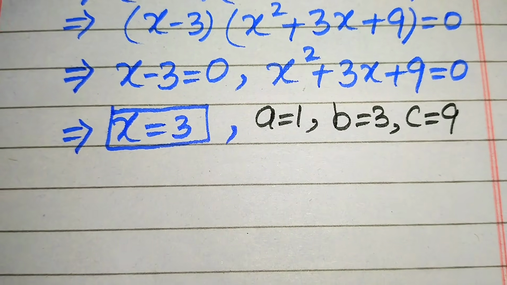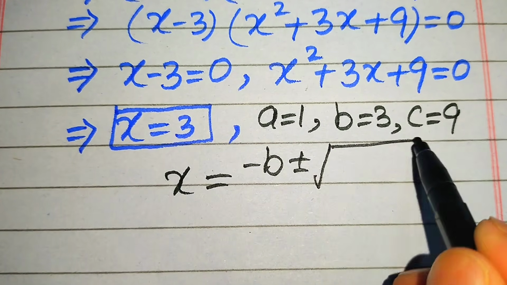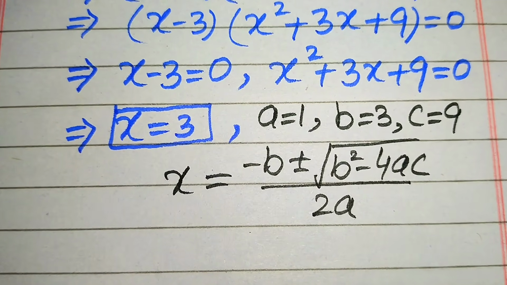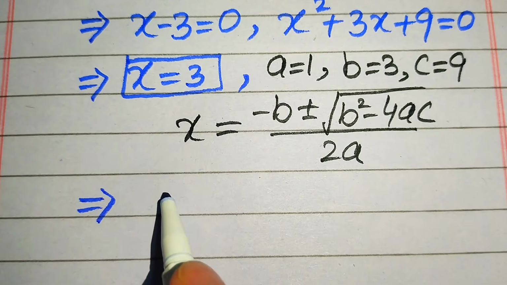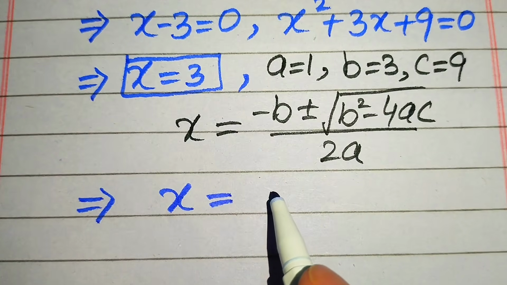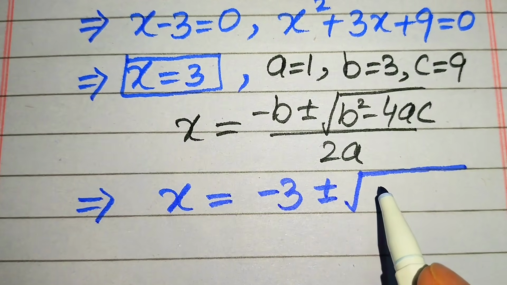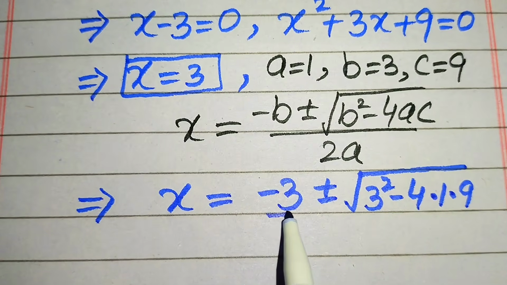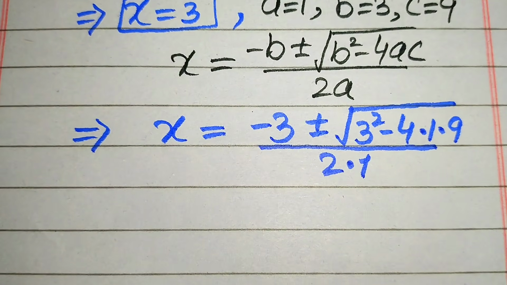We state the quadratic formula in this form: x equals minus b plus minus square root of b square minus 4ac, divided by 2a. We substitute all the values of a, b, and c in this formula, and it is written as x equals minus b, where b is 3, so minus 3, plus minus square root of b square, where b is 3 square, minus 4 times a, which is 1, and c, which is 9, divided by 2 times a, where a equals 1.